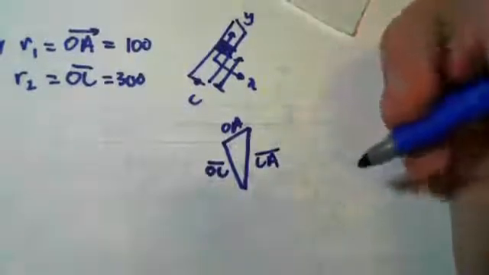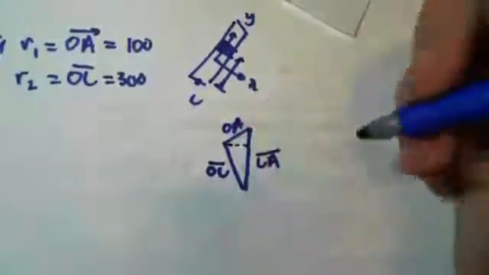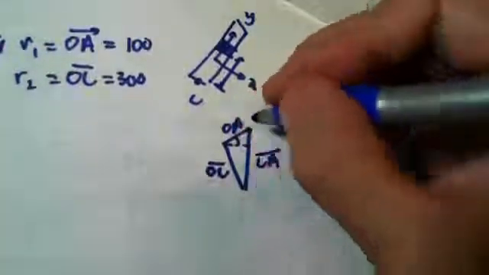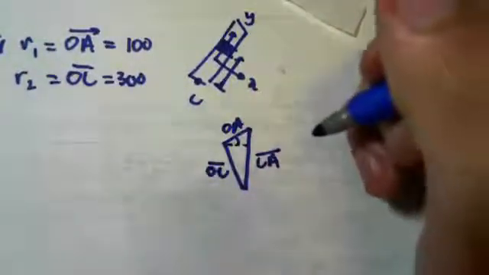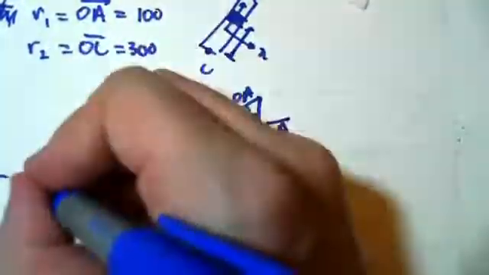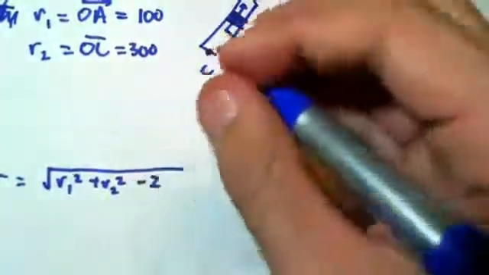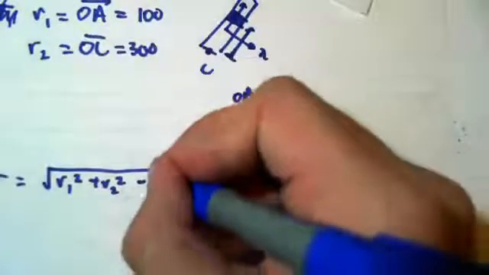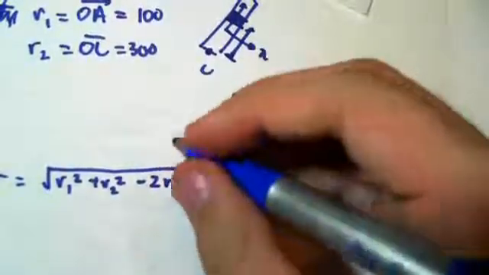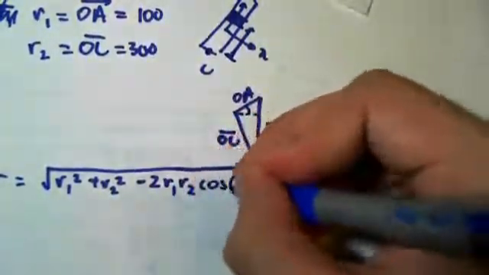Now CA is going to be variable depending on what this angle in here is. So using the law of cosines, the radial length of CA is equal to the square root of R1 squared plus R2 squared minus 2 R1 R2 cosine of 90 plus theta.